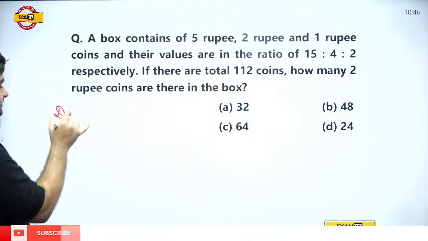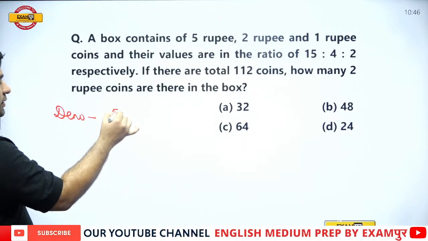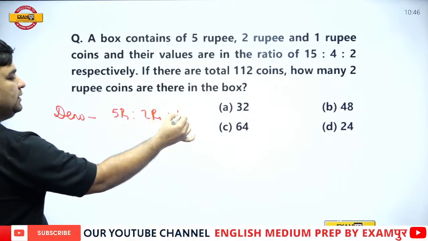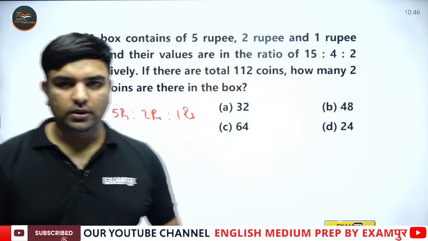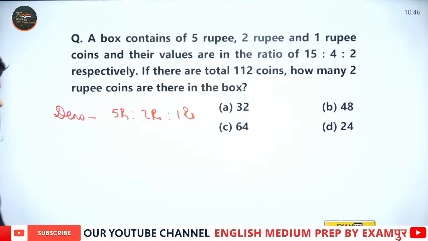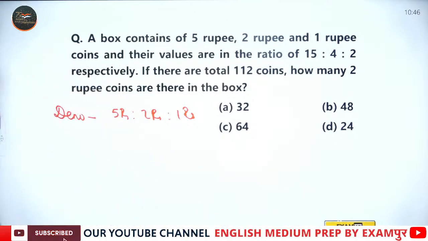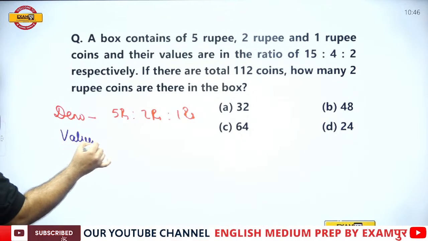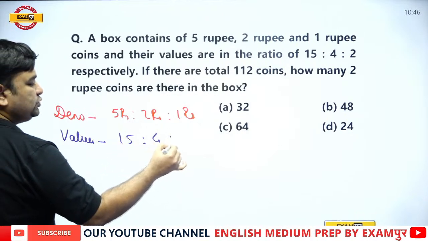Denomination is 5 rupee, 2 rupee and 1 rupee. Everything is in the rupee, so no need to worry. Their values are in the ratio 15:4:2.